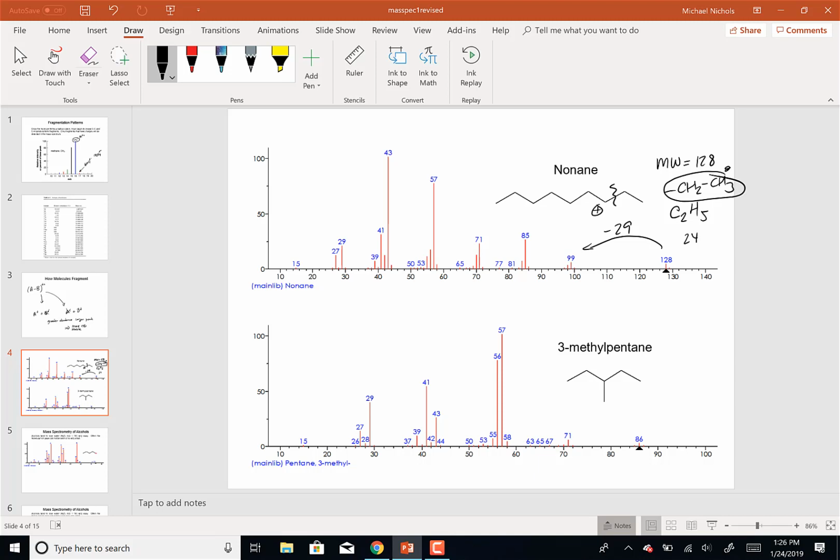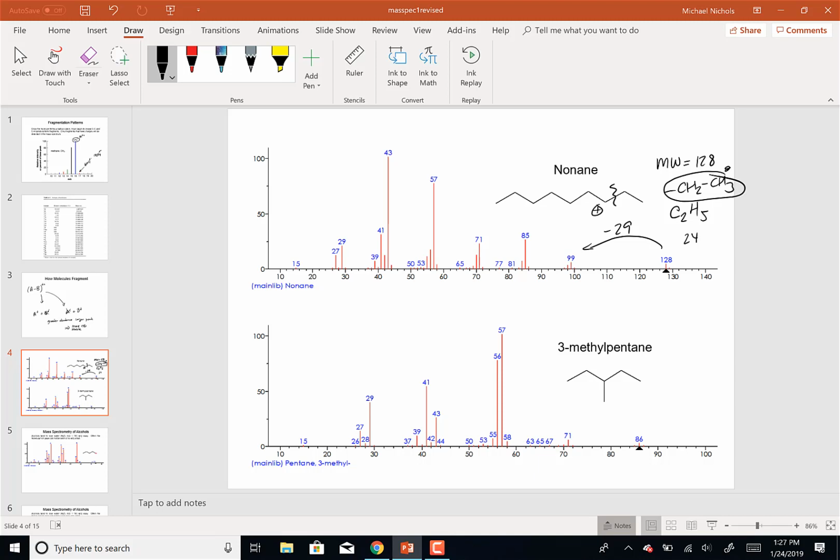Okay, so right there I violated lecture rules by writing a primary carbocation. In the gas phase, high energy environment of mass spectrometry, primary carbocations are okay. Are they as stable as a secondary? No way. But they're at least allowed to be written. So I can do that.